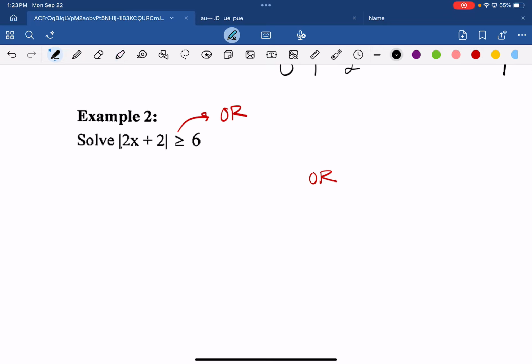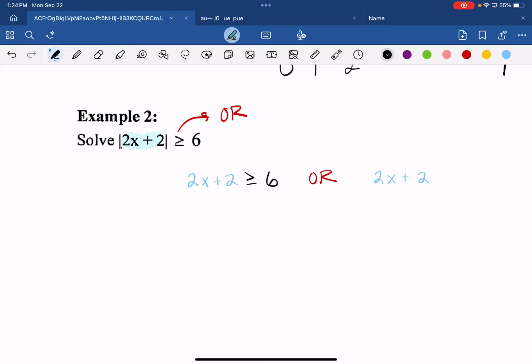My middle stays the same here. So I have 2x plus 2. That's going to get written twice. Remember, with an or situation, we're rewriting. We're doing 2 different problems. The first one, nothing changes. My sign stays the same. My 6 stays the same.